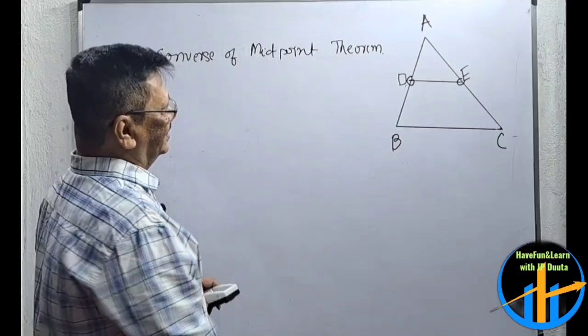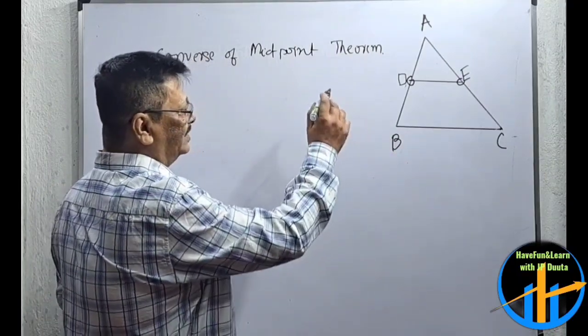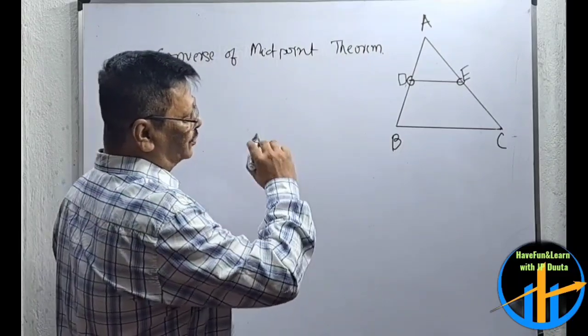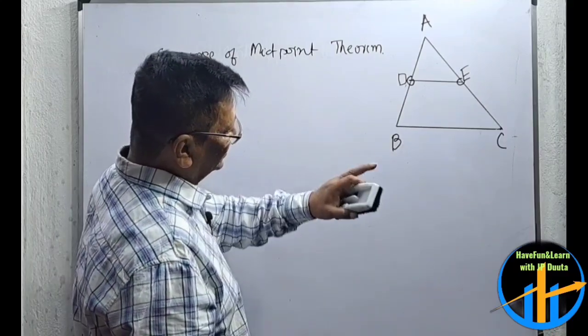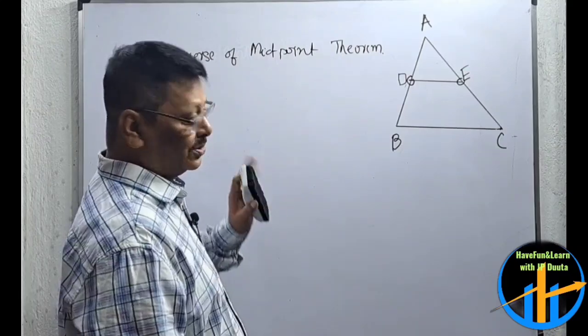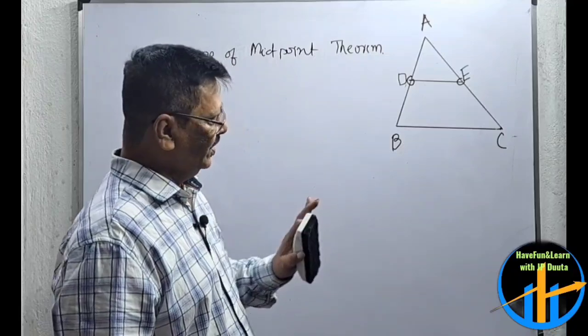It is said that ABC is a triangle, D is the midpoint of side AB, and we draw a line through D parallel to BC, intersecting the other side at E. It is also said that DE is half of BC, right?